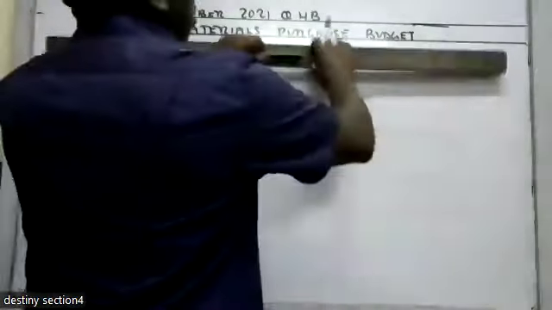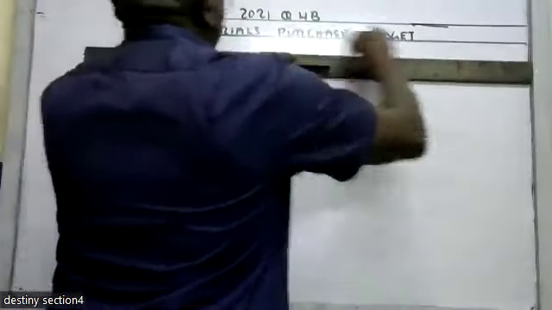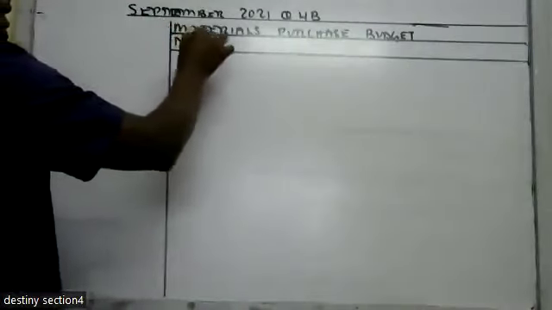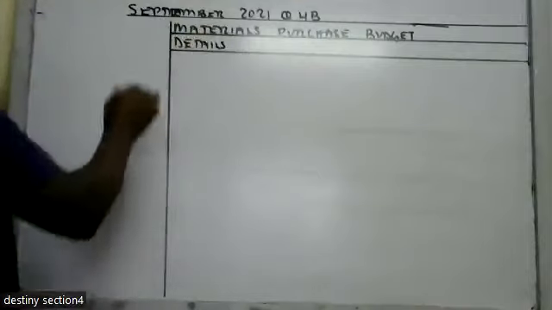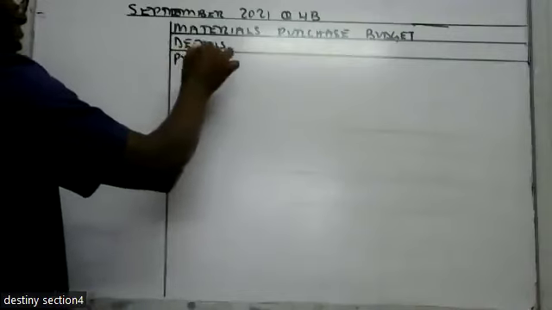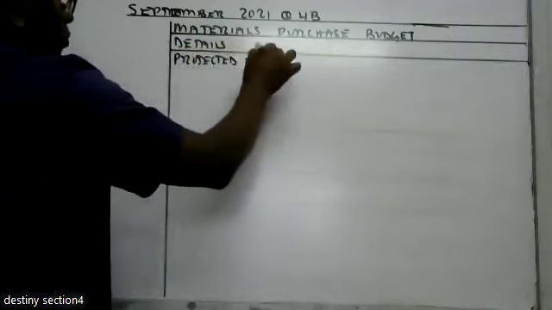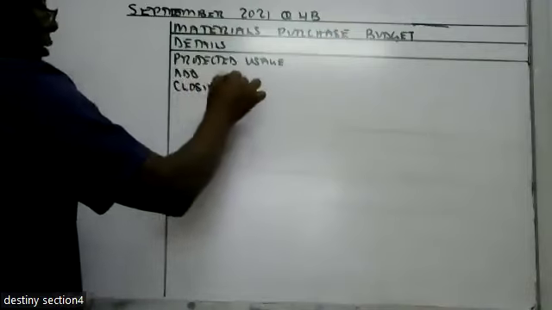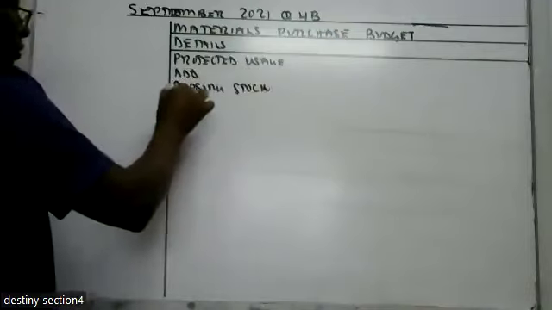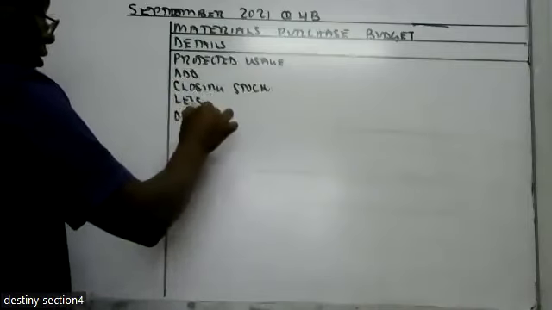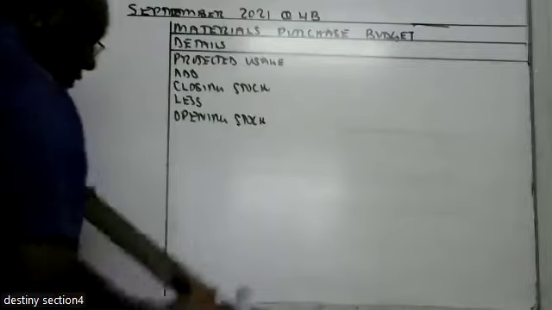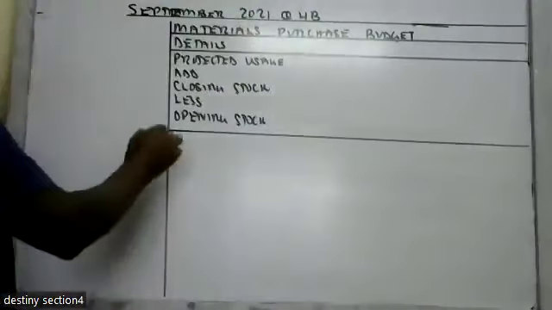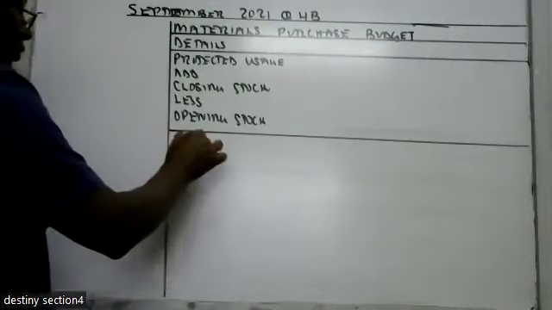So again, in the column for details, it starts like this. Projected usage. You add closing stock, you less opening stock. When you do so, you get purchase units.